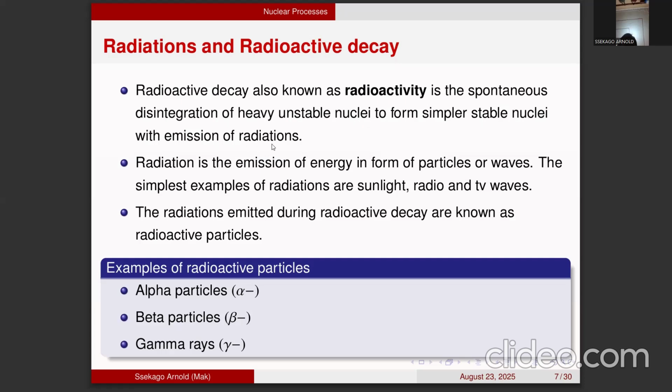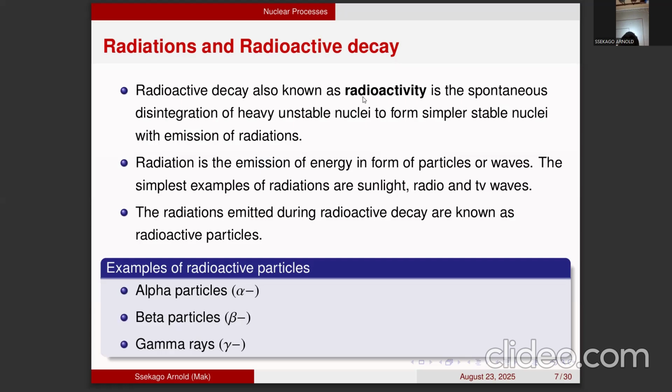What this means in particular is that radioactivity refers to the process where we have the nucleus of a heavy atom.